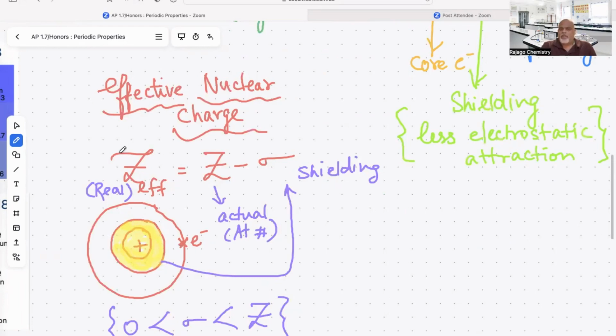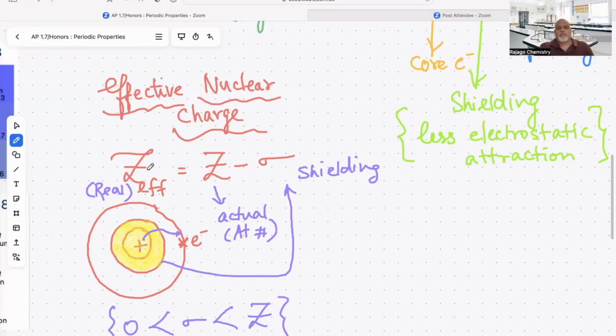An electrostatic attraction should have happened between the nucleus and this electron, but since there is shielding, you have to subtract that to get what the electron actually feels.